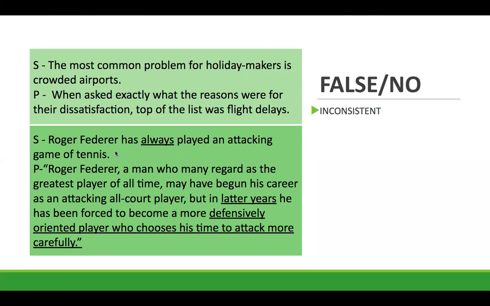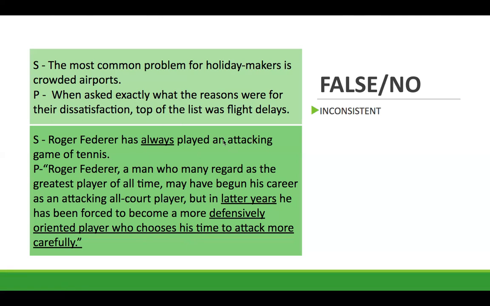Roger Federer has always played an attacking game of tennis, has always played. Let's see. Roger Federer, a man who many regard as the greatest player of all time, may have begun his career as an attacking all court player, but in latter years, he has been forced to become a more defensively oriented player who chooses his time to attack more carefully.